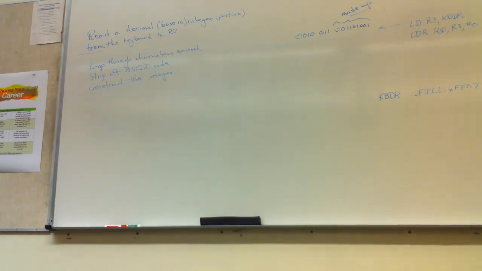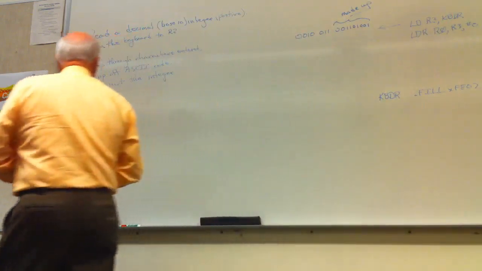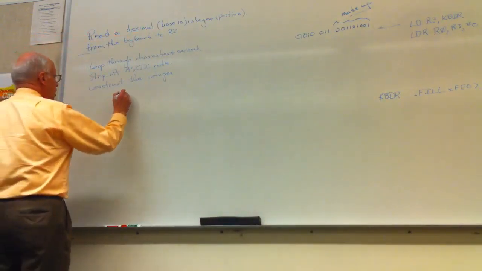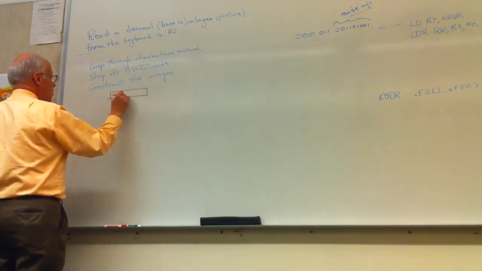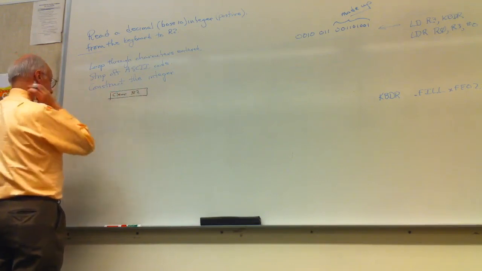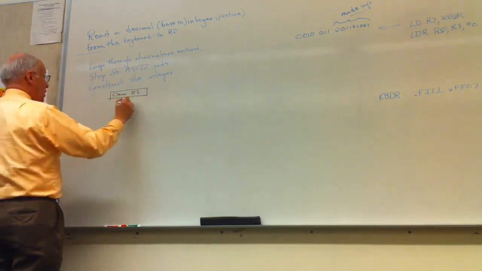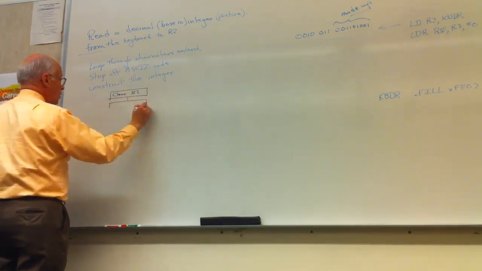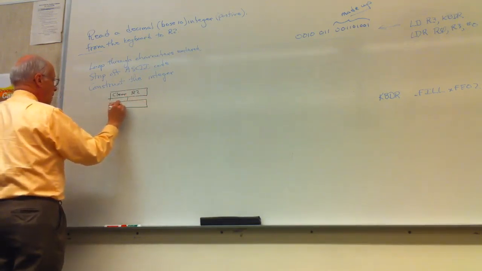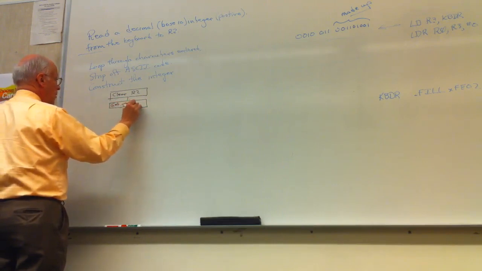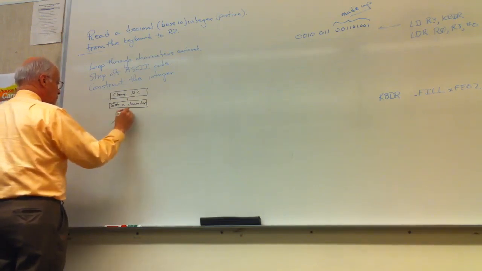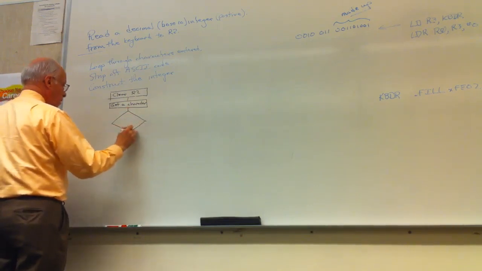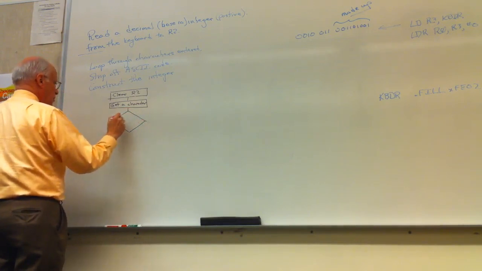Okay, let's see here what we can do with this. As my first step, I'm going to clear register 2. Then we will get a character. Then I've got to check that character and see if I'm done.